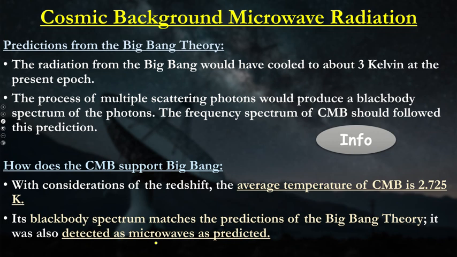You don't need to know the actual calculations, but the prediction of Big Bang theory was that this expansion of radiation would eventually cool down and become microwaves. And if you put 2.725 into Wien's law, you'll find that the wavelength you get is in the range of the microwaves.